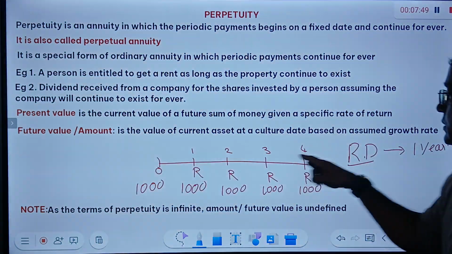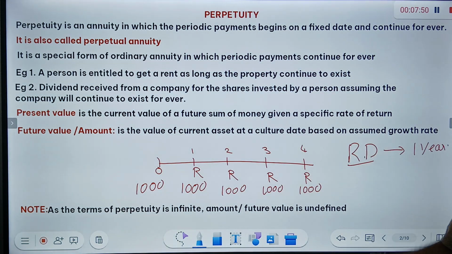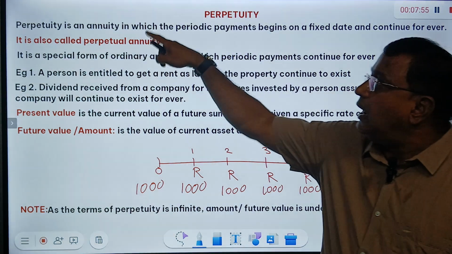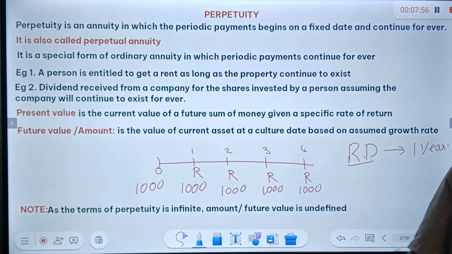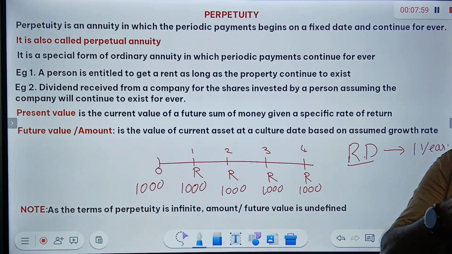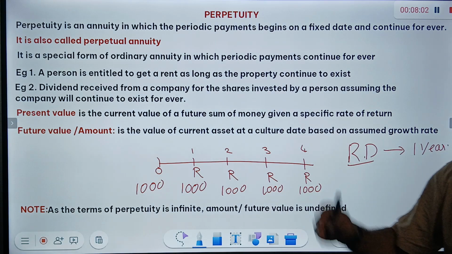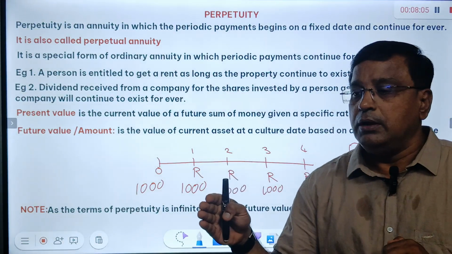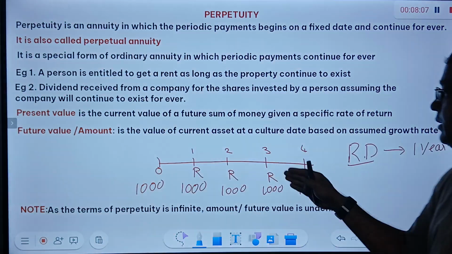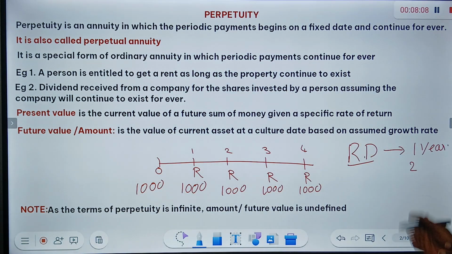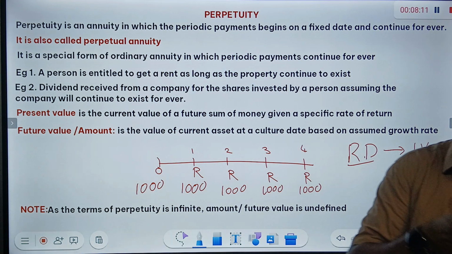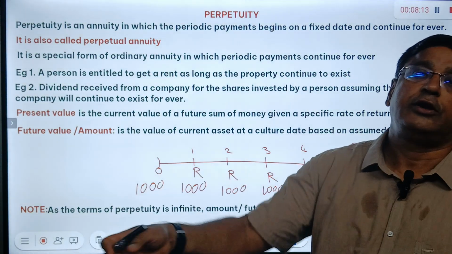Okay, so recurring deposits do not fall into the category of perpetuity, because this rupees 1,000 is not going to be paid forever. You understand? At one point of time, it has to end, after 1 year, or if it is after 2 years, it depends on how long you want to pay the recurring deposit.